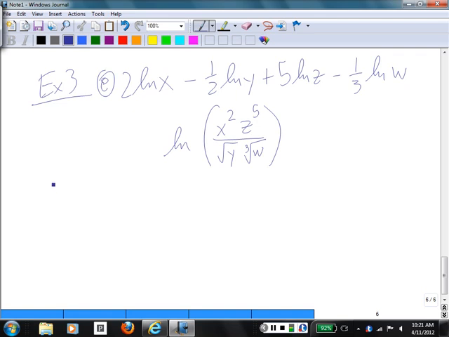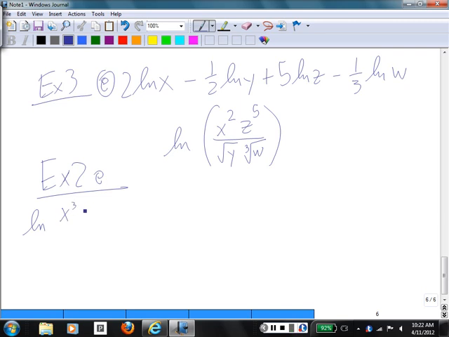I'll reverse the process. If this had been example 2e, we take something like this and expand it, which is more common maybe in a calculus course where you're trying to find the derivative of some complicated expression. If you have the natural log of what might it look like?